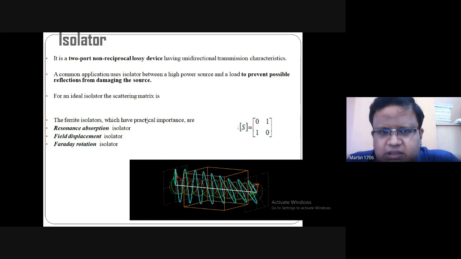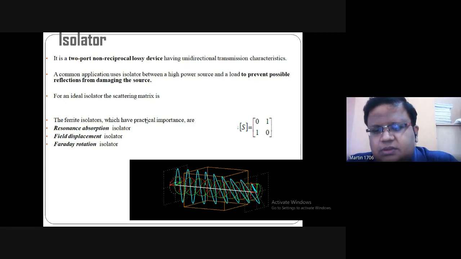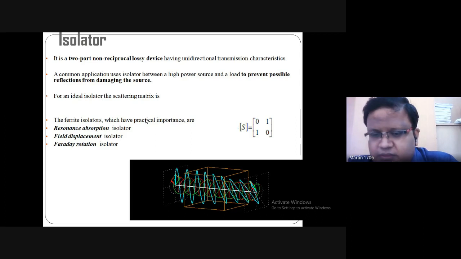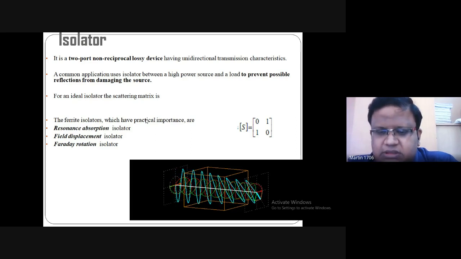You can see it is a non-reciprocal device. When we studied the waveguide concept, I told you that we studied two types of devices: one is reciprocal, another is non-reciprocal.